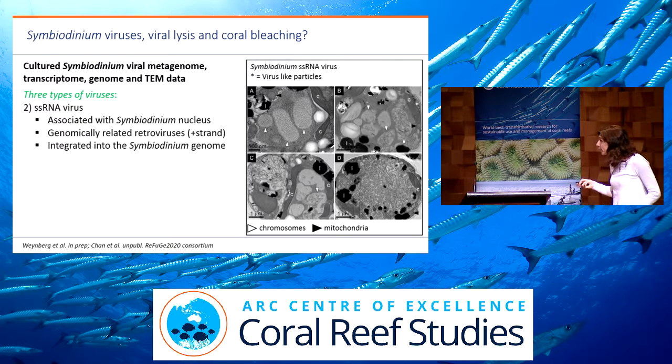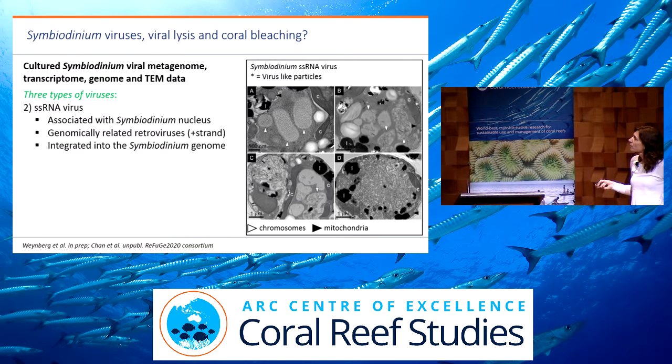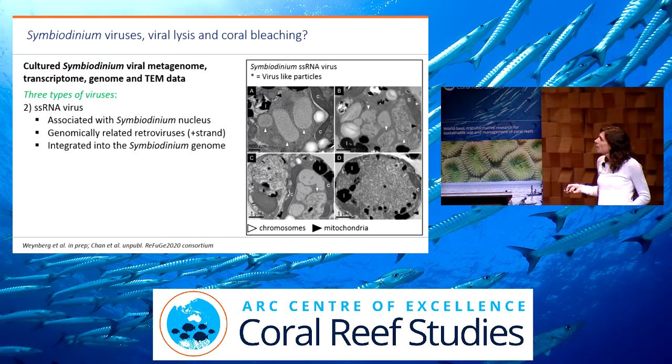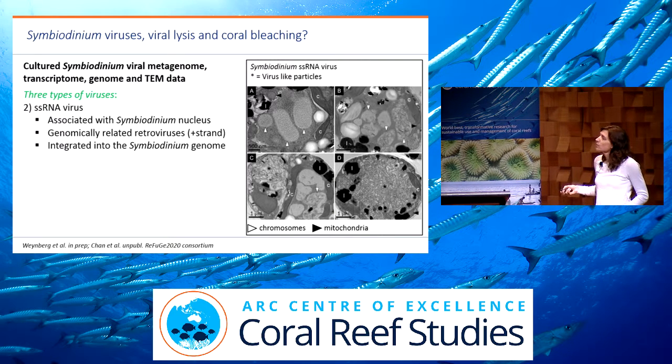So here in panel A, we see a nucleus of a Symbiodinium cell with highly condensed chromosomes here. So this is a healthy cell. But we see a lot of cells that start to disintegrate. And in the nucleus, where the chromosomes are, we see the appearance of these filamentous particles. Sometimes the whole cell is filled with these particles, and we suspect that those are viral particles.